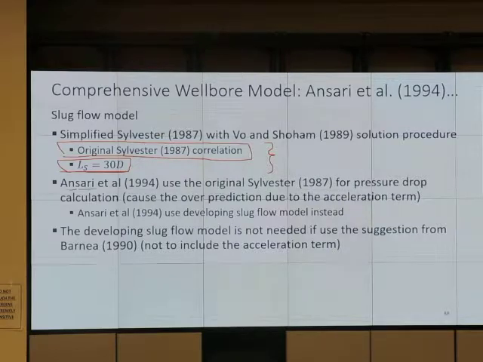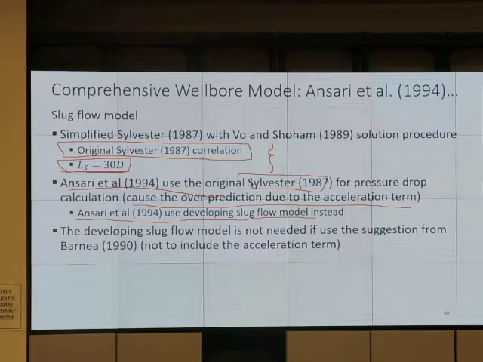Zhang et al. use the original Sylvester model for pressure drop calculation. It caused over-prediction due to the acceleration term. So Ansari used a developing slug flow model.